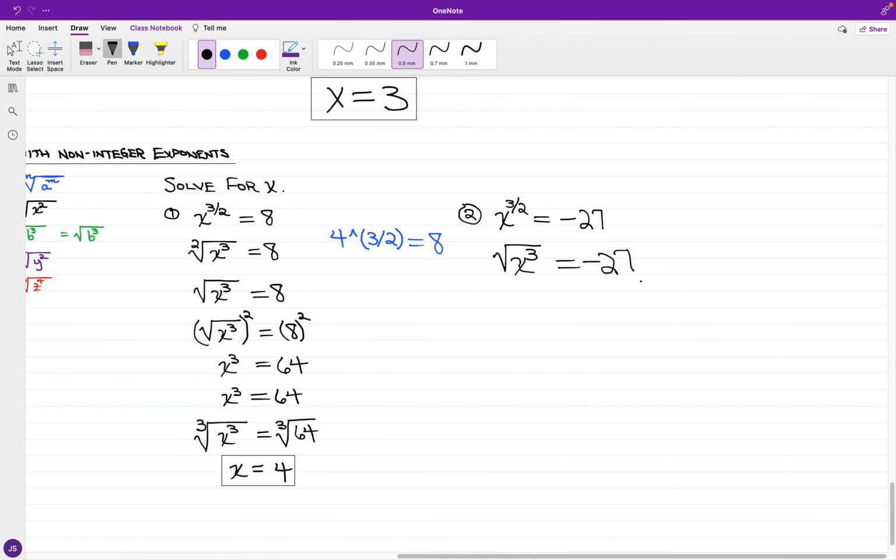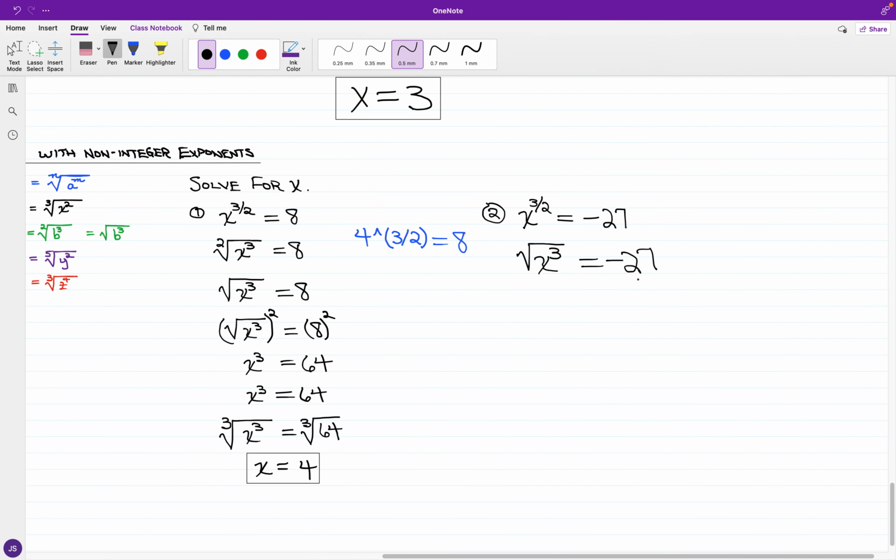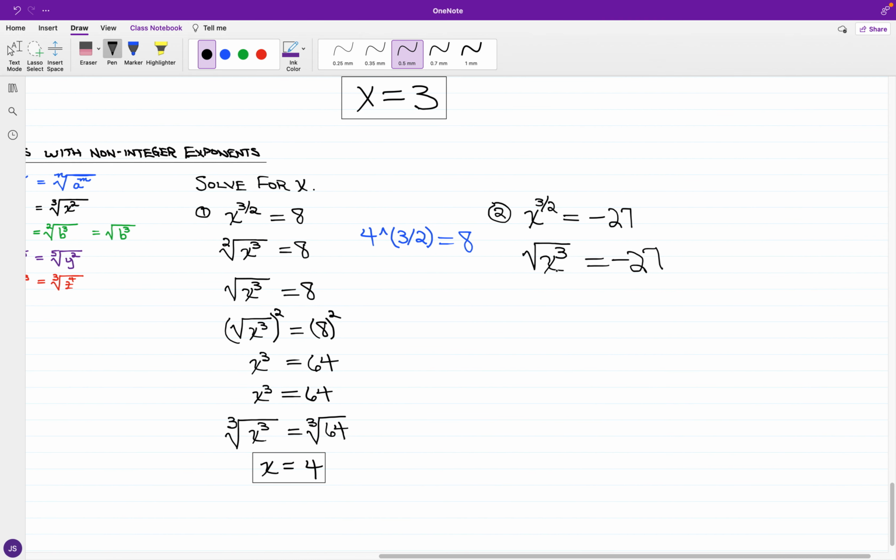And guess what? For the principal square root rule, the square root, or even roots of any expression, cannot reduce to a negative constant. Again, the basis for no solution is your principal square root rule.